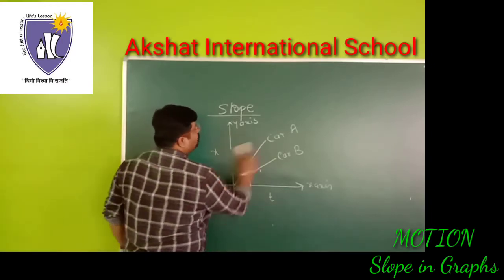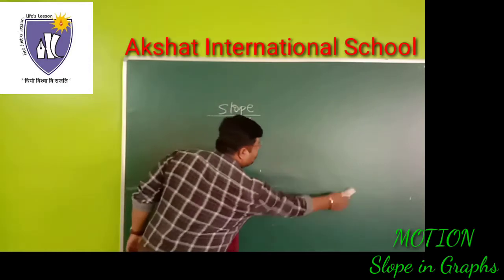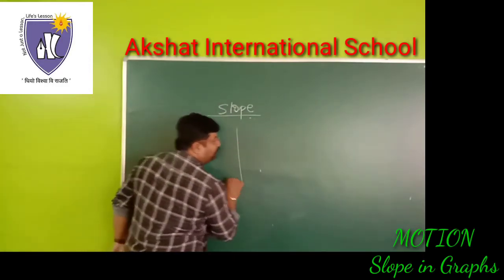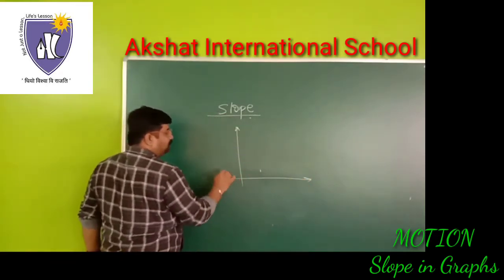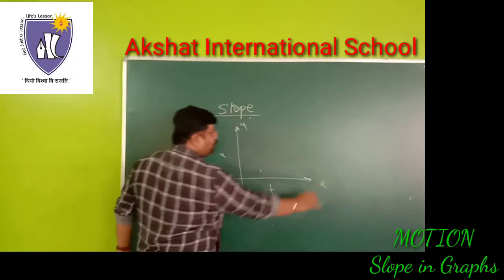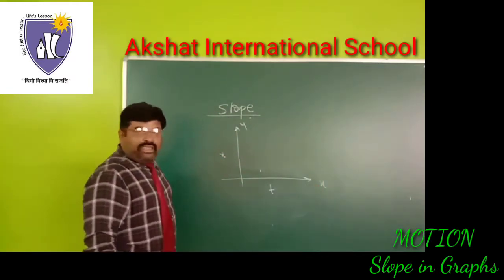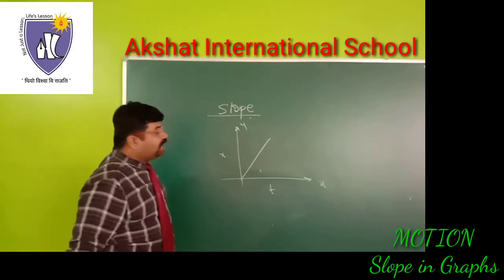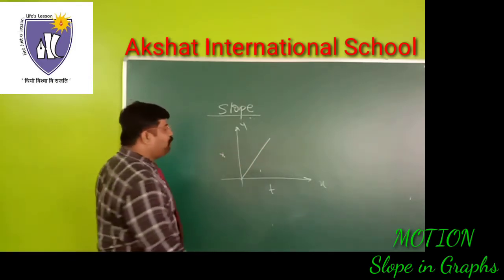Suppose I draw this graph for a vehicle. Say again we have a car, this is position, this is time, this is your y-axis, this is your x-axis. Now suppose this is the graph, meaning the car is moving uniformly.